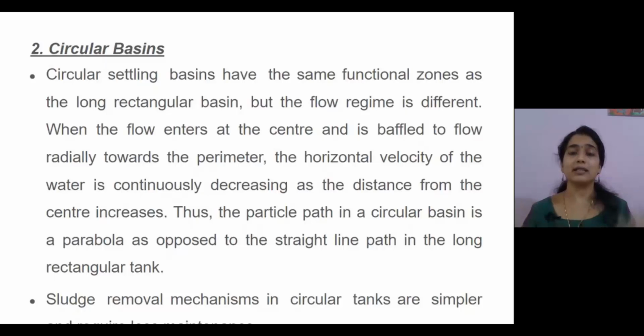Then the cleaned water is collected from the periphery of the circular basin. Thus, the particle path in a circular basin is a parabola as opposed to the straight line path in the long rectangular tank. Sludge removal mechanisms in circular tanks are simpler compared to rectangular sedimentation tanks.